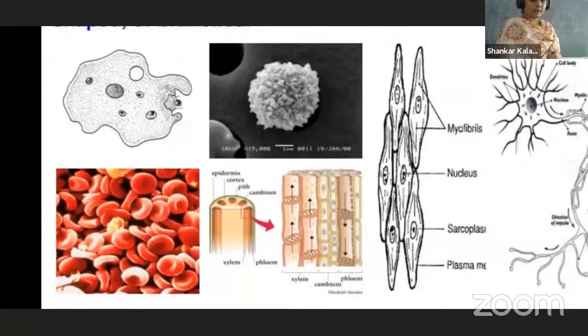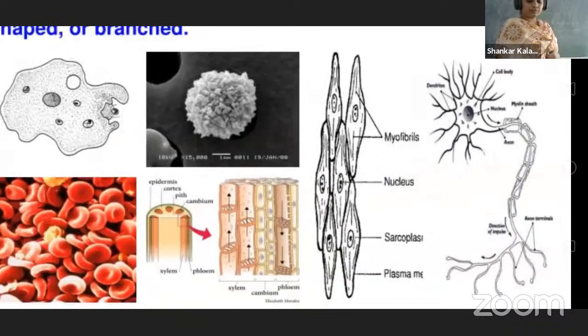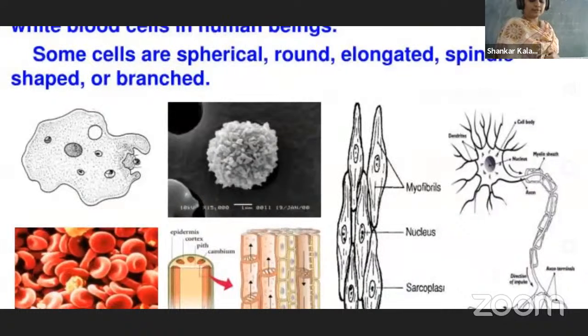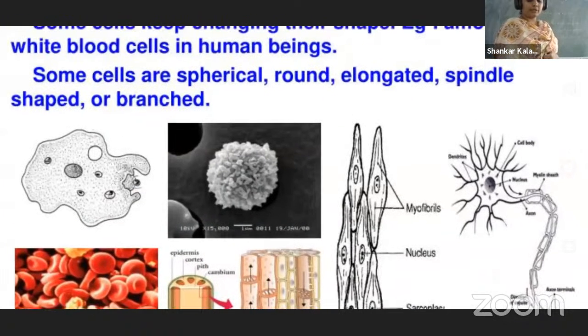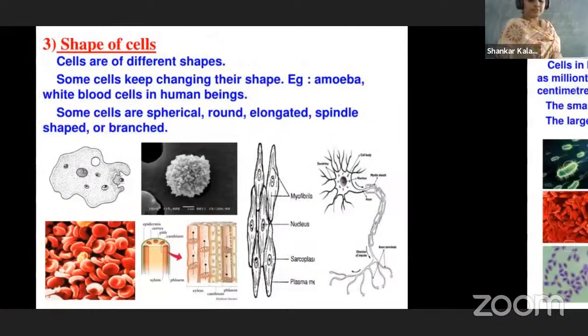Some are round shape, elongated, spindle shaped, or branched shaped. These are some shapes of the cells. The shape of the cells will vary in all the living organisms.